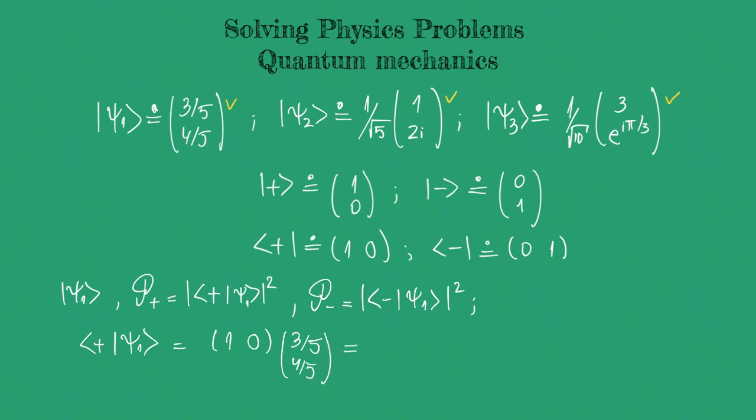If we multiply these two matrices, we have 3 over 5, and then the probability is given by this value squared, 9 over 25, as we got before.